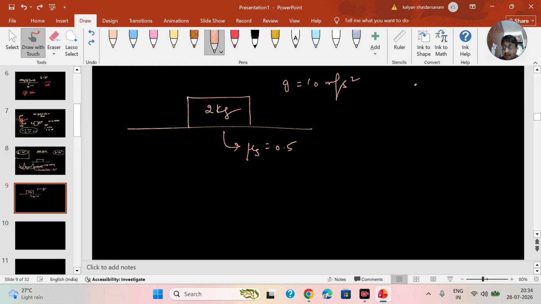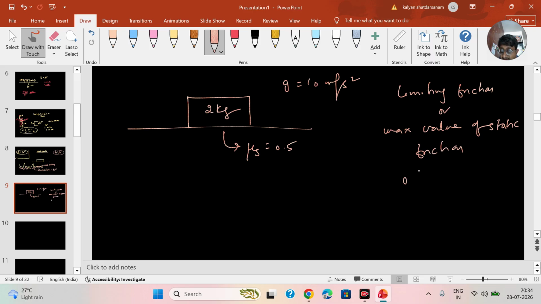We call it limiting friction, or it's also called the maximum value of static friction. The friction acting here is called static friction because there is no relative motion. So the limiting friction, which has a formula mu s N, is 0.5 into N, in this case 20, so it is 10 newtons.